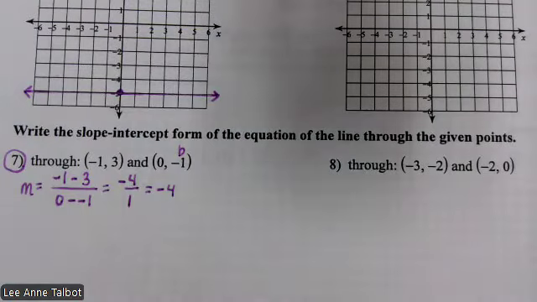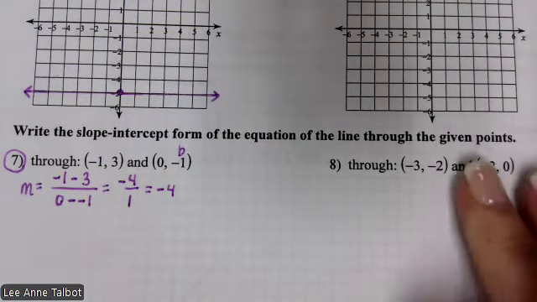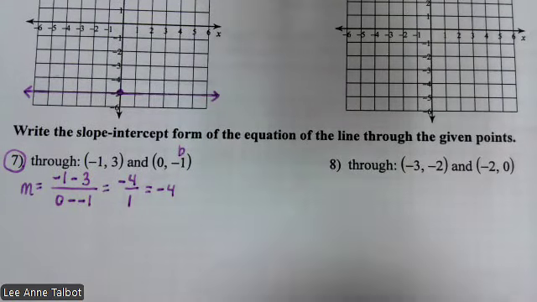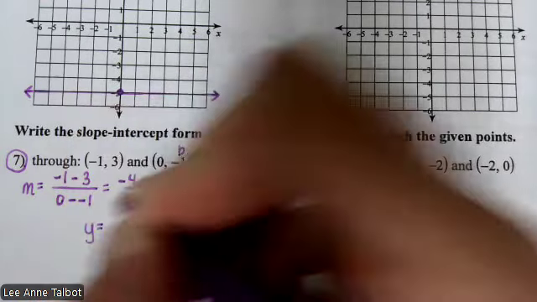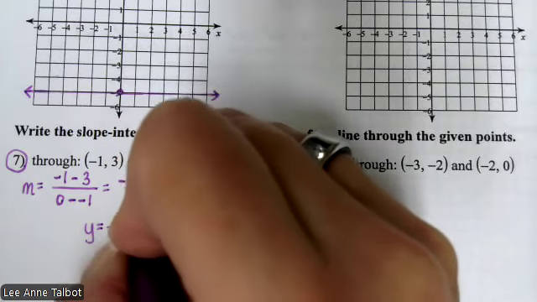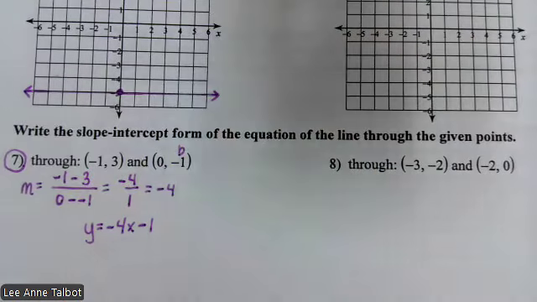They don't usually give it to you, but they did in this one. So that means final answer, y equals -4x minus 1. We don't have to do all the work because one of the points just happened to be the y-intercept. Hooray. Now, let's just pretend you didn't see that and you went through all the work that we normally do, you would still get the same answer in the end.